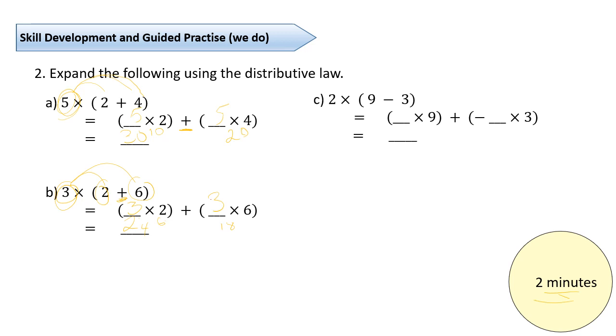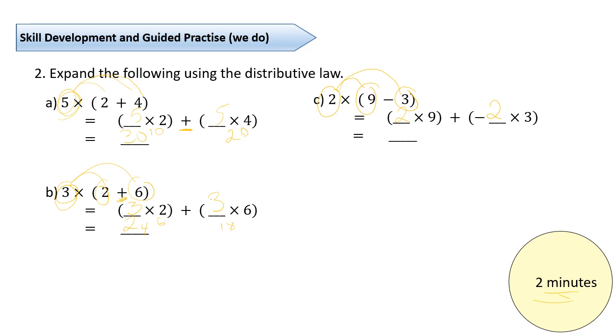C is slightly different, and hopefully you guys picked up on that as you were having a go. You might see that again we have one of those cheeky little subtraction symbols. So we're going to keep an eye on that one. But we'll proceed as normal for now and deal with that when it pops up. So we have 2 at the front, and it is going to multiply by all the numbers inside. So we're going to have 2 times 9 already written in for us. And then we have that subtract there so we don't forget it. 2 times 3.